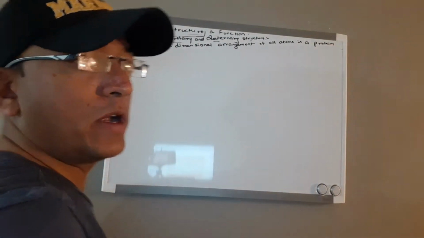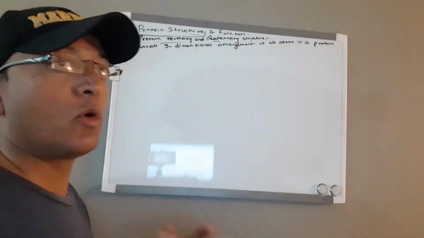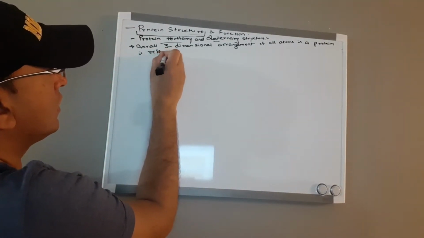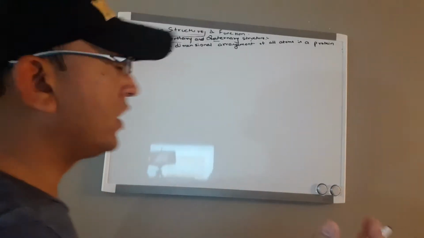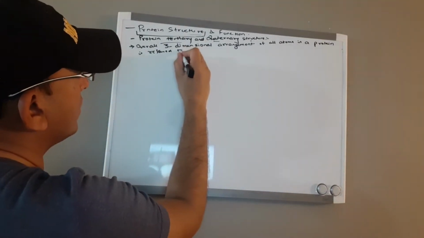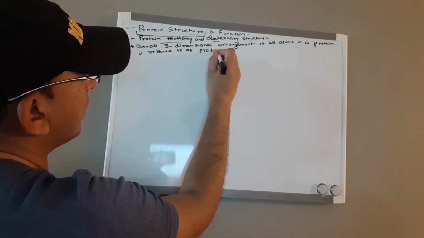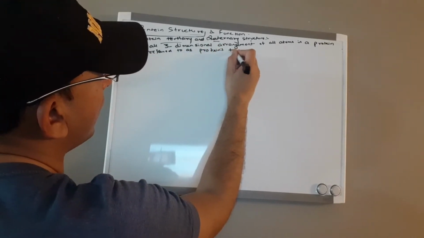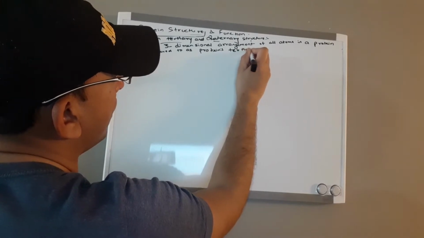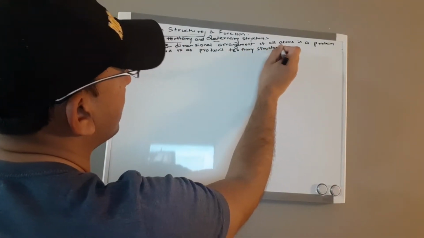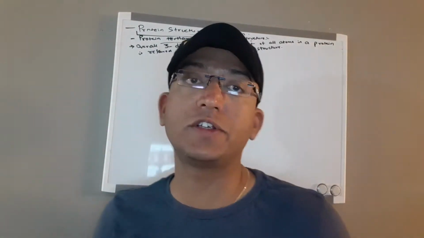Right. So the overall arrangement of all atoms in a protein is referred to as the protein's tertiary structure. So this is the tertiary structure.